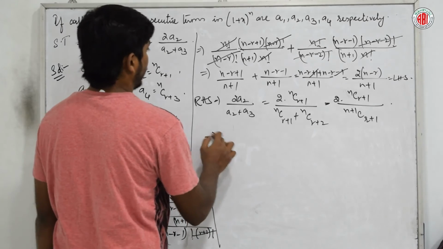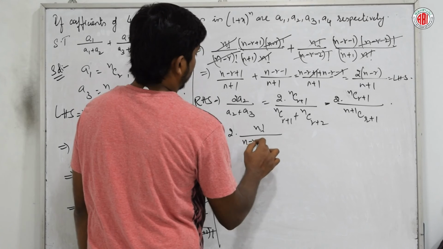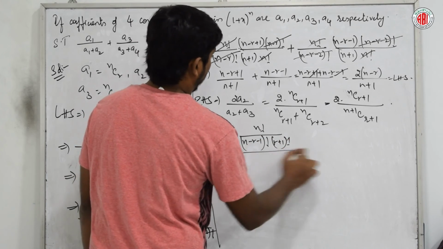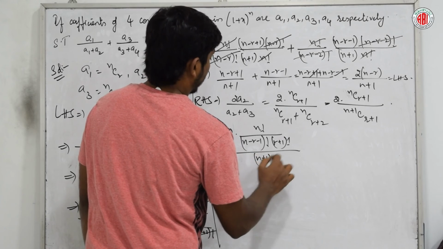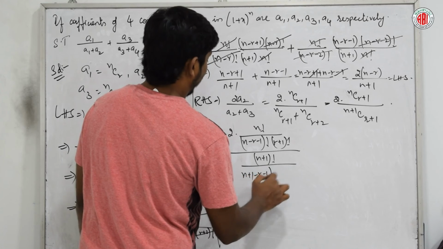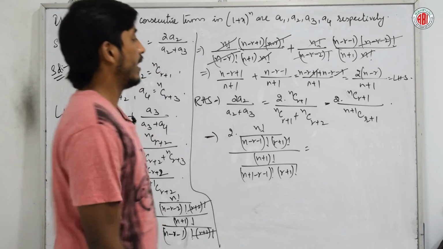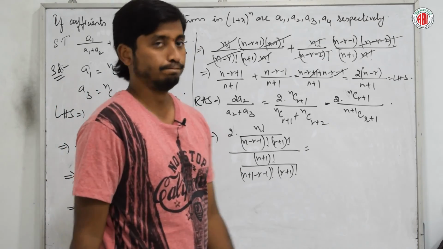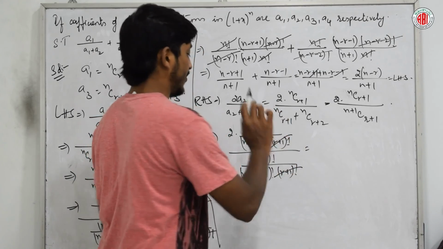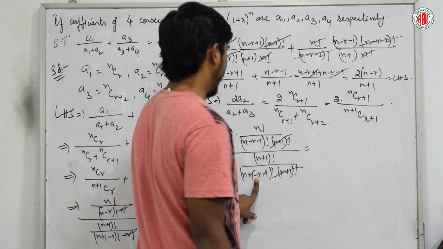This is 2 into n factorial by n minus r minus 1 factorial into r plus 1 factorial divided by n plus 1 factorial by n plus 1 minus r minus 1 factorial into r plus 1 factorial. Is it right? Now if you observe, 1 1 got cancelled, r plus 1 got cancelled. Yes. So we will be left with n minus r factorial.